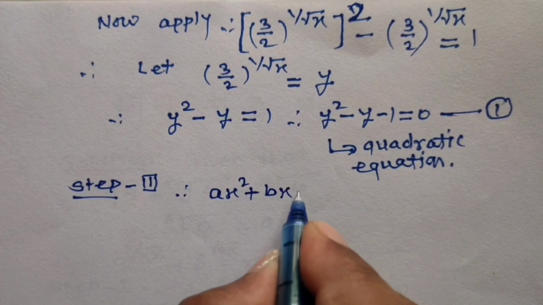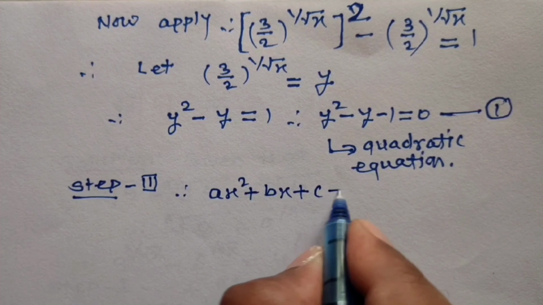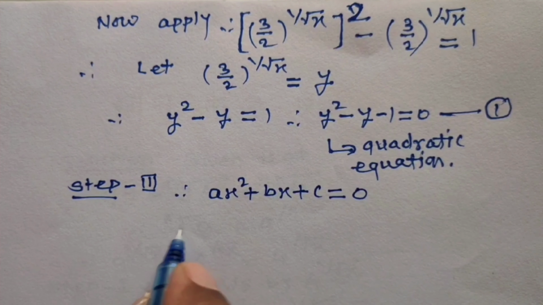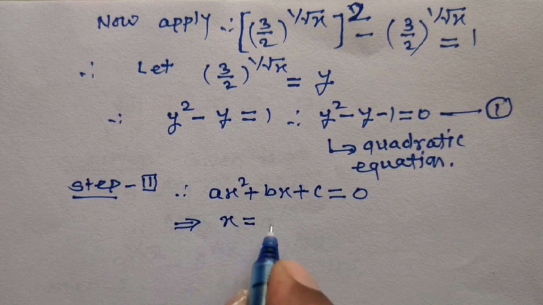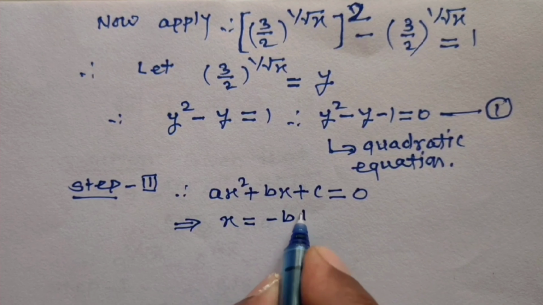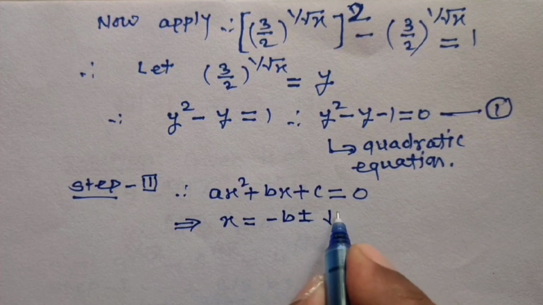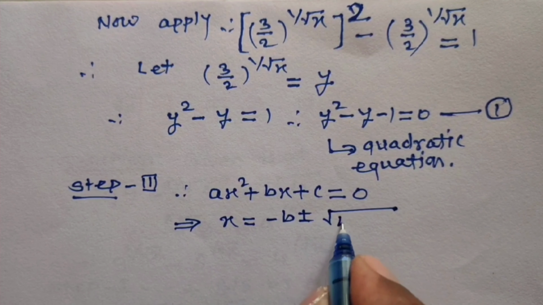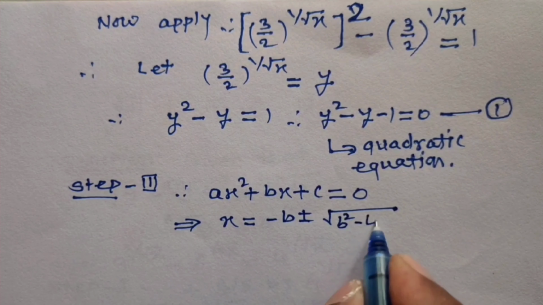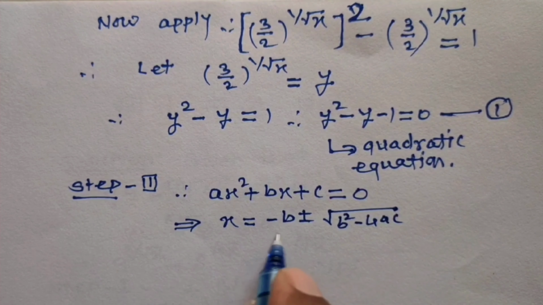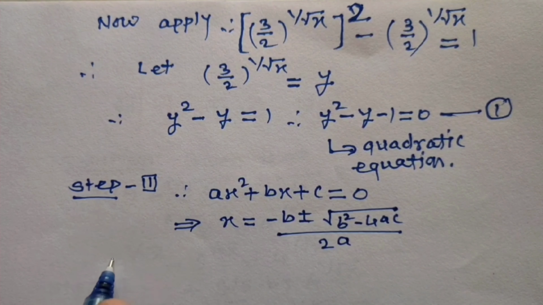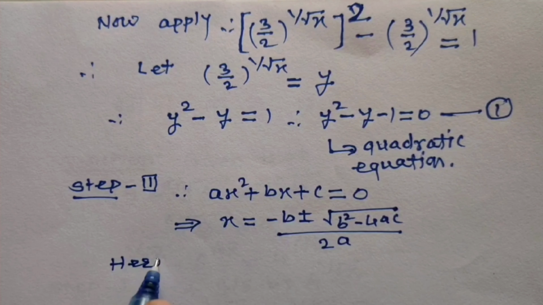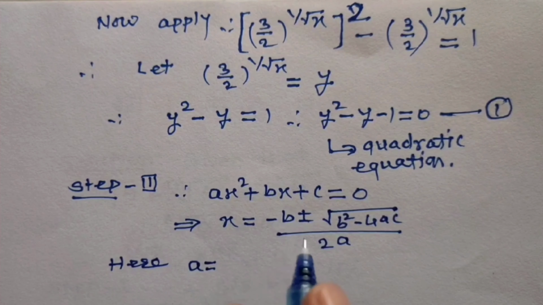We are considering a general quadratic equation ax square plus bx plus c is equal to 0, where a is the coefficient of x square, b is the coefficient of x and c is the constant term, and its roots or solution is given by x is equal to minus b plus or minus square root of b square minus 4ac whole divided by 2a.